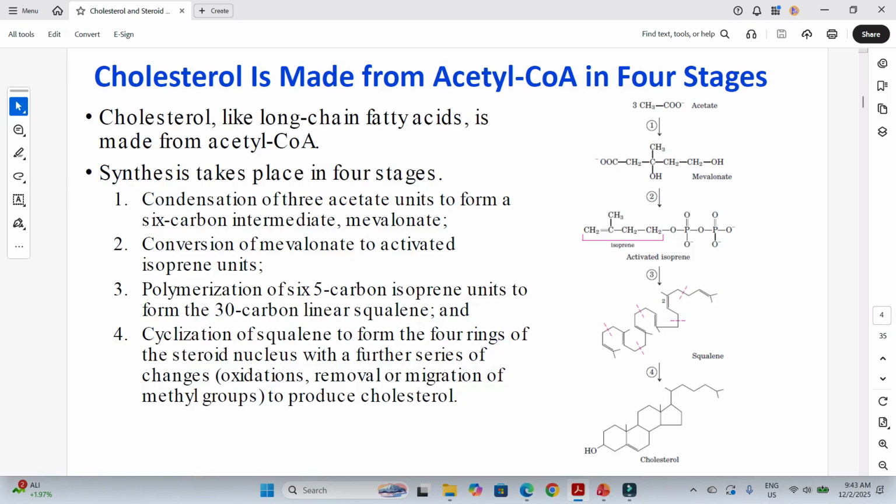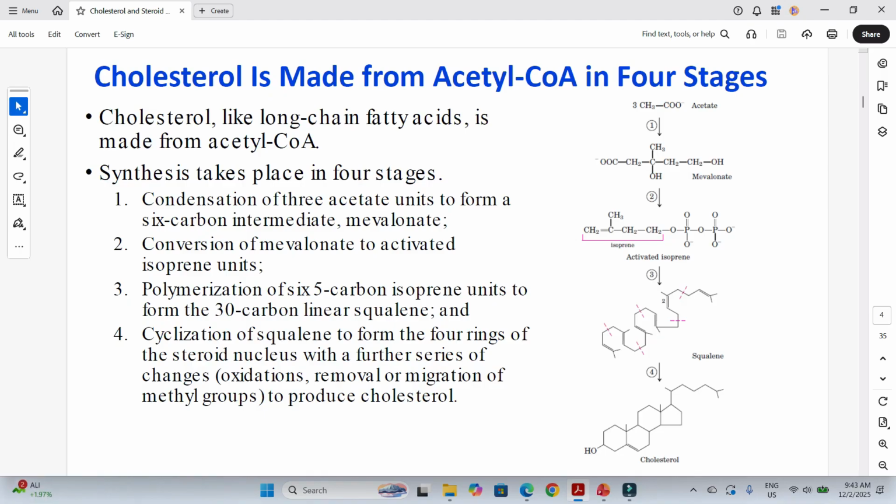So this time around, we're encountering the use of acetyl-CoA as precursor for a different lipid, which is cholesterol, right? So cholesterol, like long-chain fatty acids, is made from acetyl-CoA. Now, the synthesis takes place in 4 stages.